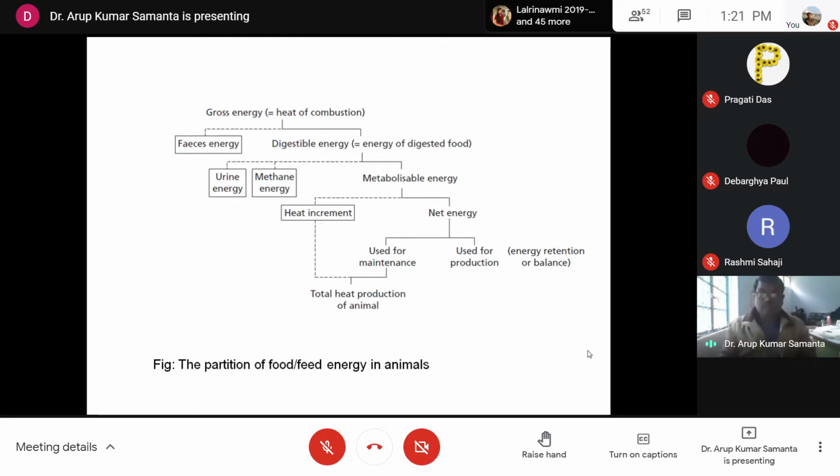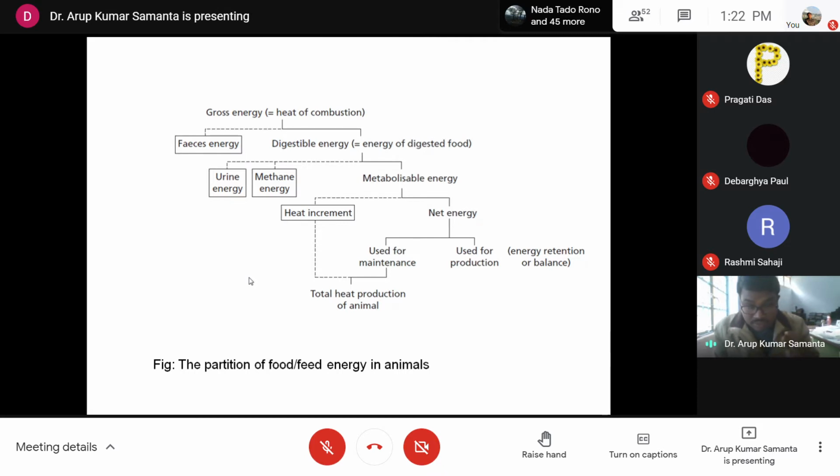First of all, this is the gross energy, that is the heat of combustion. Suppose you are taking 100 kilocalorie energy through the food. You should not expect that all this 100 kilocalorie is going to be digested, because there are some materials which are not digested, which are excreted through the feces.